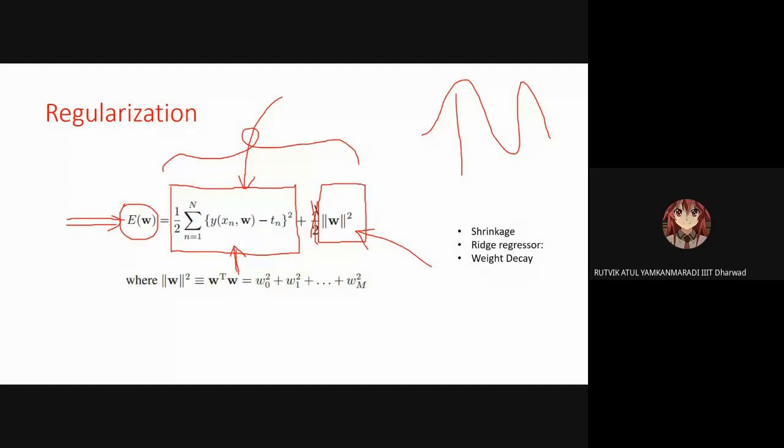So what is a zigzag term? For example, there is a polynomial w0 plus w1x plus w2x square. You can refer to my previous slides and videos where I have told you. If your polynomial has to go through every specific data point, then the values of these w will start growing, right?